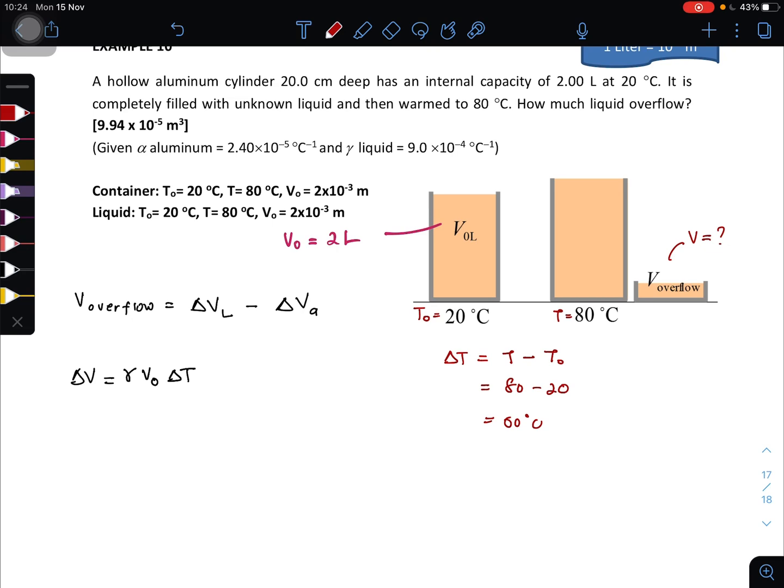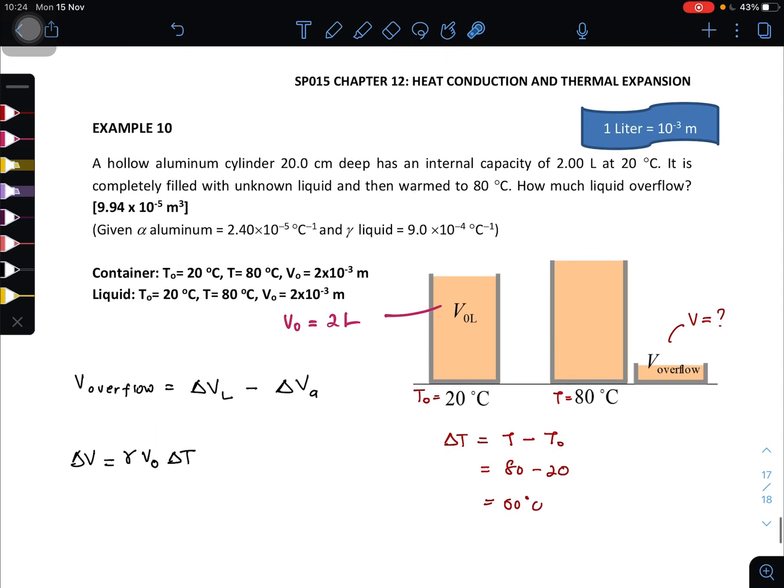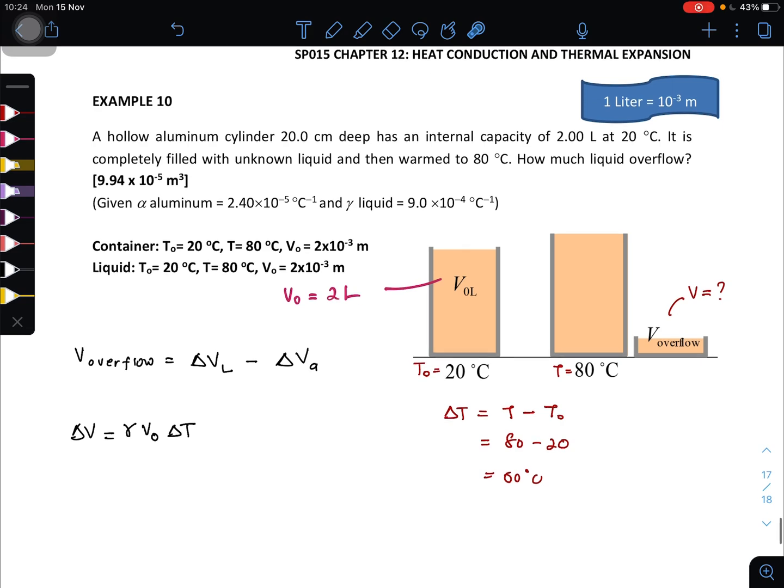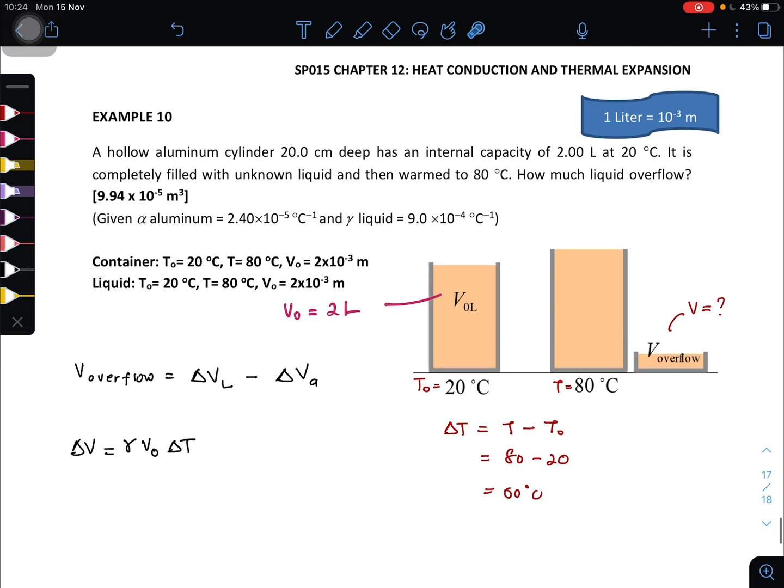And then initial volume of the container and of the liquid, we need to convert it in terms of meter cubic. Okay, kita kena convert kepada meter cubic because we are given in terms of liter.